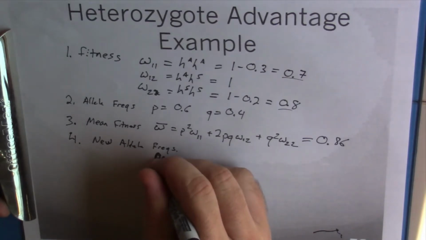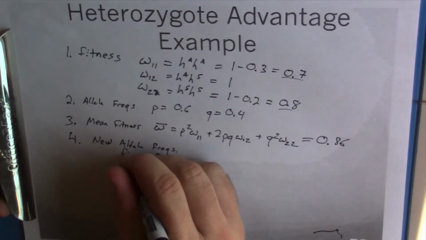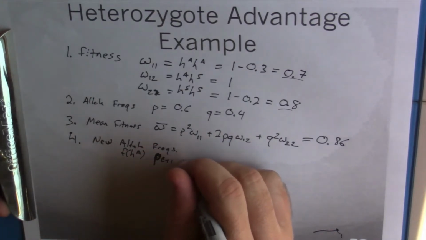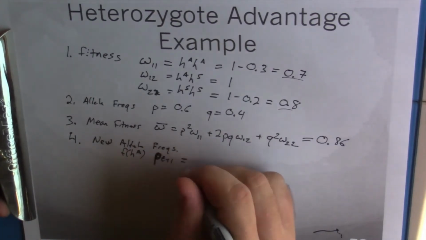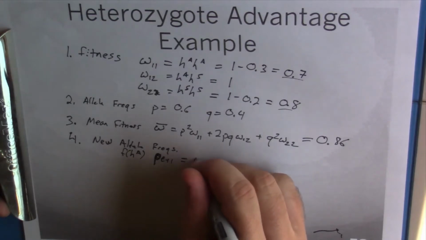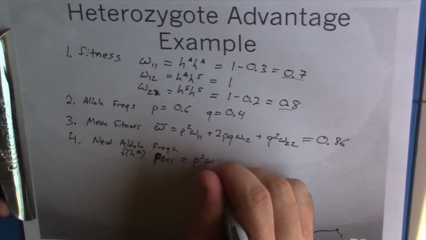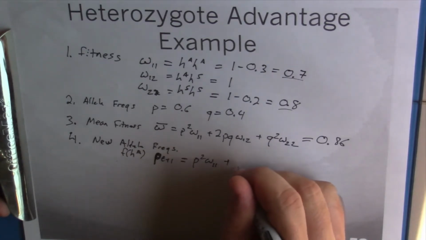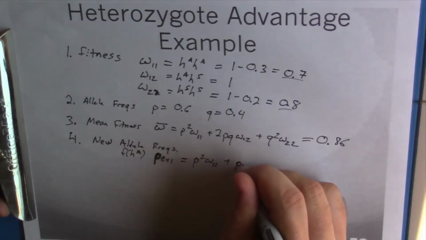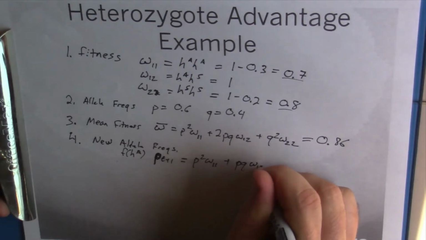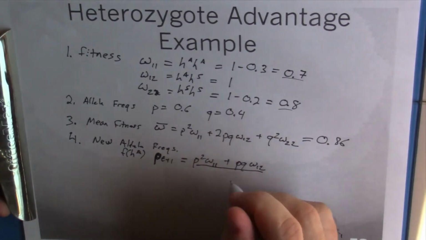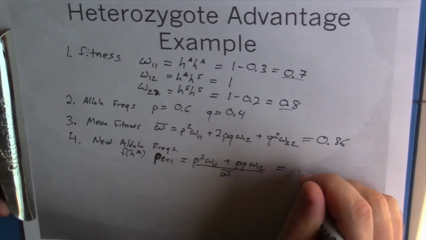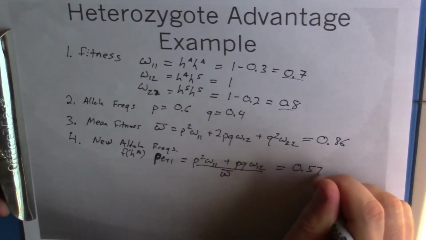So the frequency of the healthy allele at time t plus 1 is going to be equal to p squared omega 1,1 plus pq omega 1,2 over mean omega, and that comes out to 0.57.